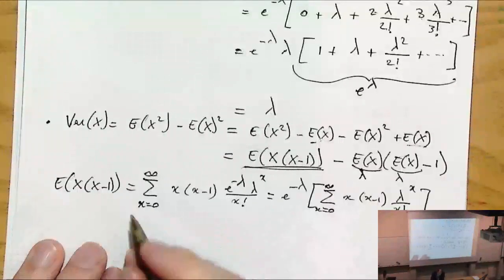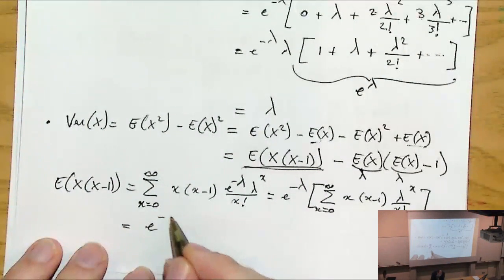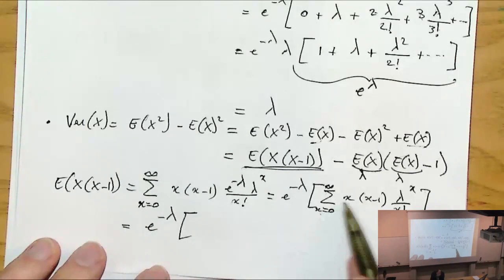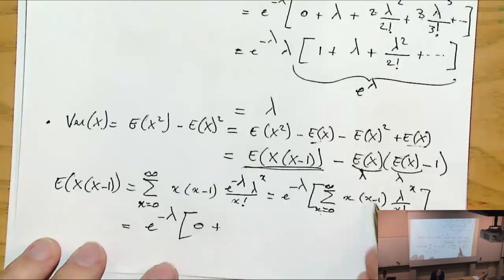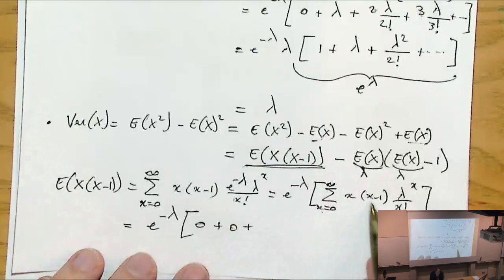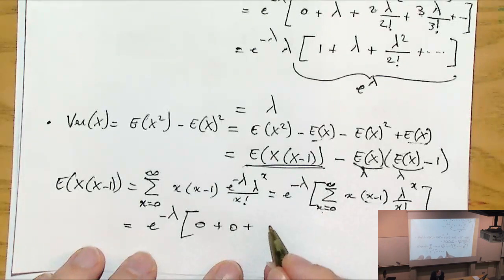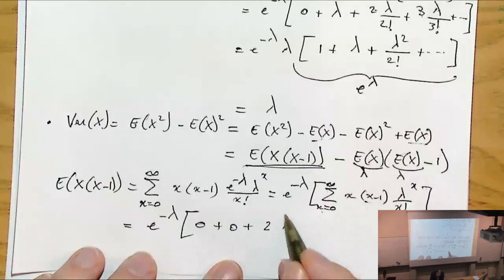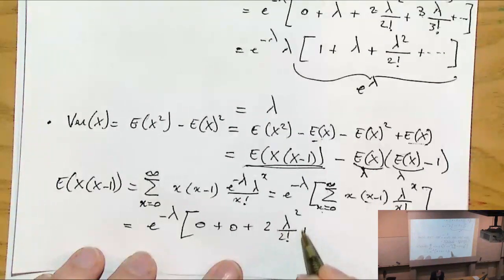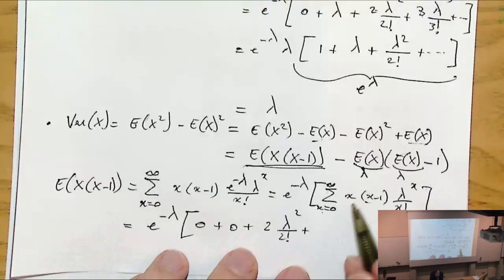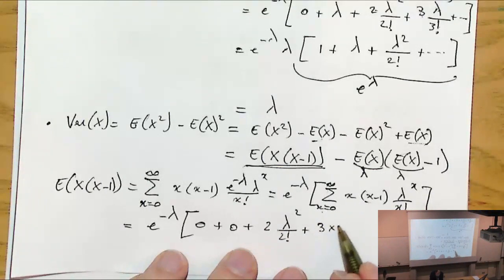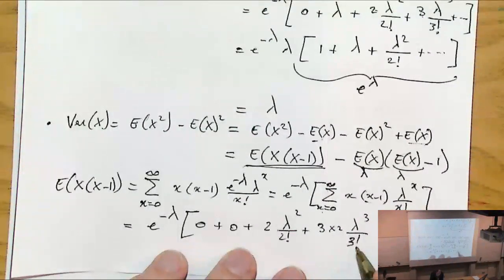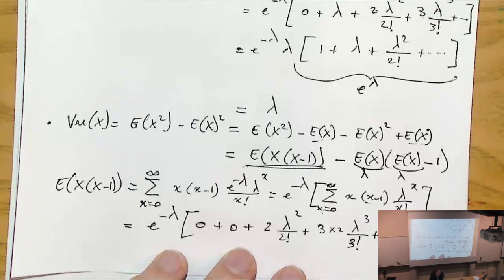Right, and then we can expand this. And what do we get? If x is equal to 0, this is 0. If x is equal to 1, this is still 0 because of x minus 1. When x is equal to 2, I have 2 multiplied by 1, lambda squared divided by factorial of 2, plus x is 3, that's 3 multiplied by 2, lambda cubed divided by factorial of 3, plus 4 multiplied by 3, lambda to the 4th divided by factorial of 4, plus and so on.